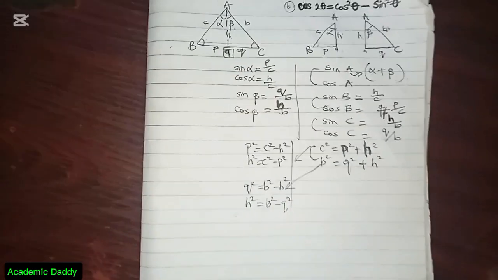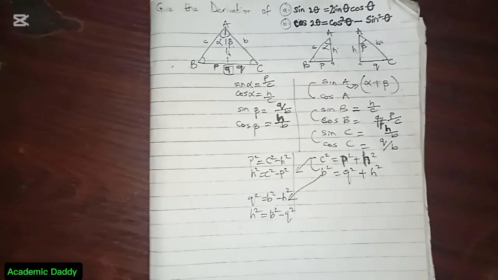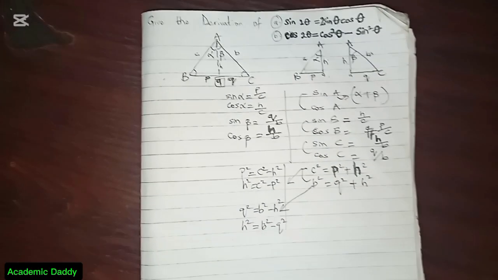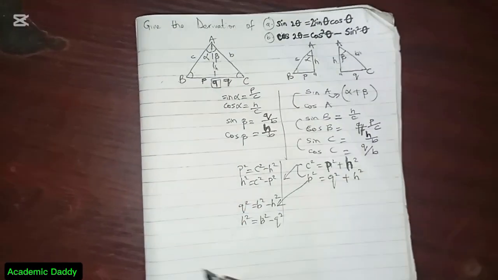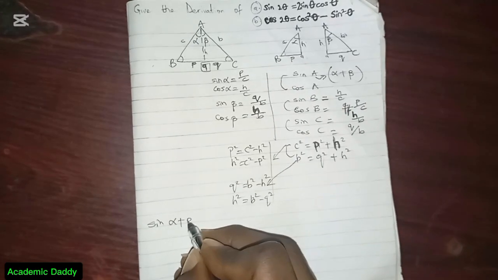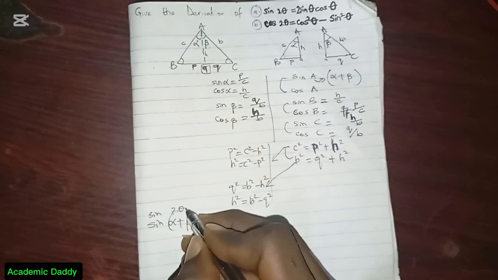So now that I've gotten all these trig ratios for this triangle, I can now go on and do the addition. So I can say sine of alpha plus beta is the same thing as sine of 2 theta.